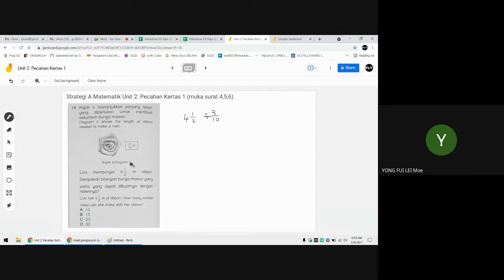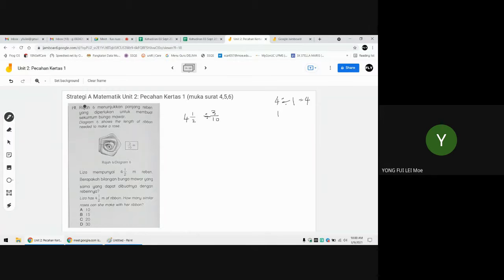Example, if I have 4 meter of ribbon, kalau satu ini perlu 1 meter, so berapa roses yang saya boleh buat? So, of course, I know that this is 4 divided by 1 is 4.